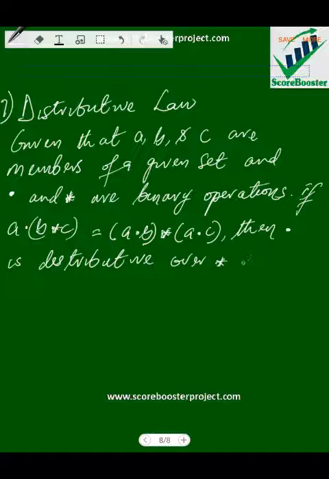For example, let's just bring a very simple one. If you have 2 dot, 5 plus 3, and this dot was defined as multiplication.